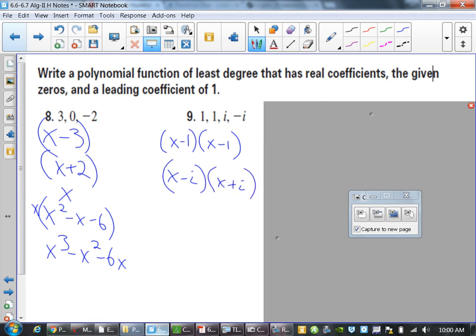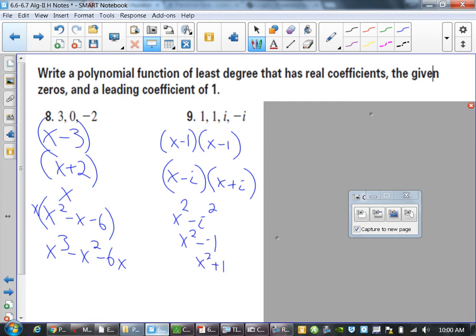You agree on that? Now, when I multiply that out, I'm just going to show how it works with the foiling of the i value first. When I foil out the i value, I get x squared minus i squared. What was i squared? Negative 1. So I get x squared minus a negative 1, which is x squared plus 1.